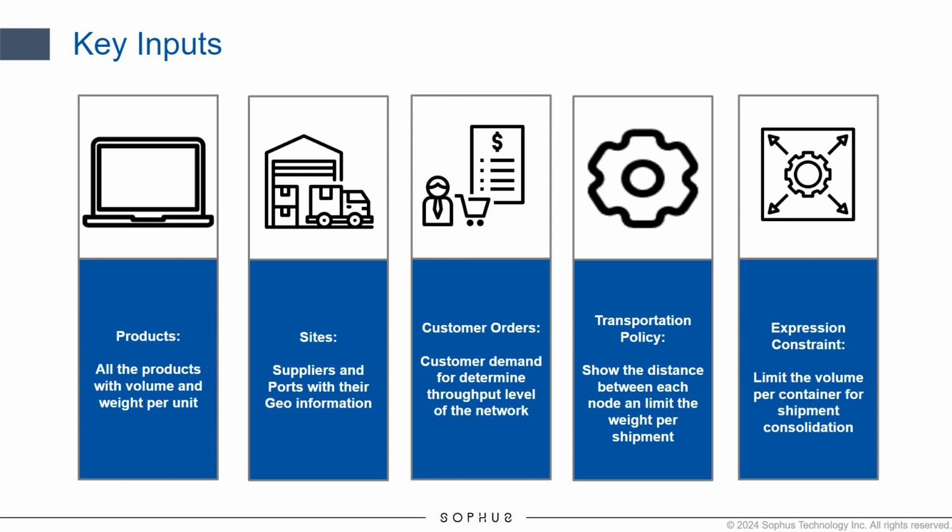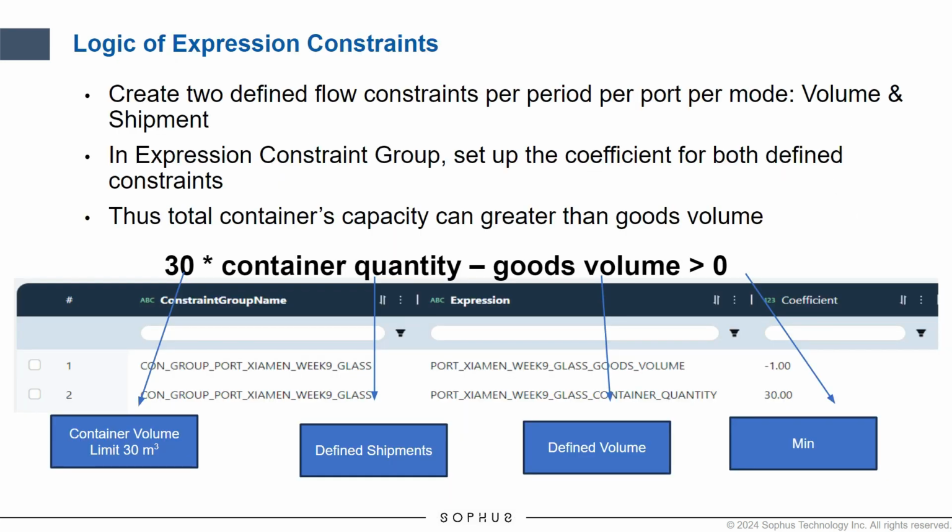We will discuss more on the next slide how we leveraged the expression constraint, given that a container has specified limits for both volume and weight, and our transportation policy can only enforce one restriction. We have chosen to use an expression constraint to govern the container's volume.